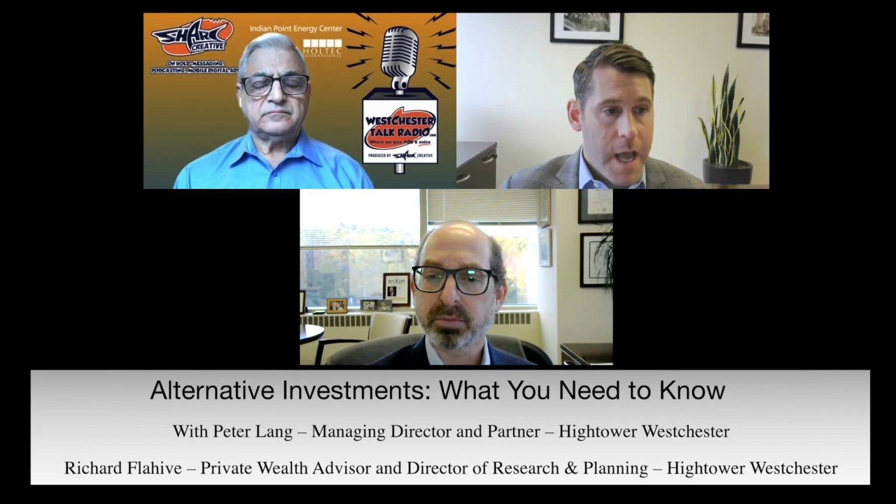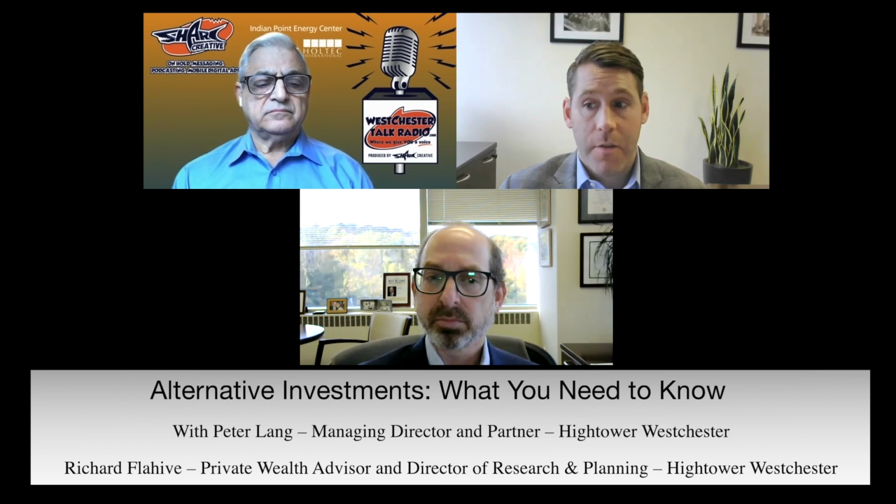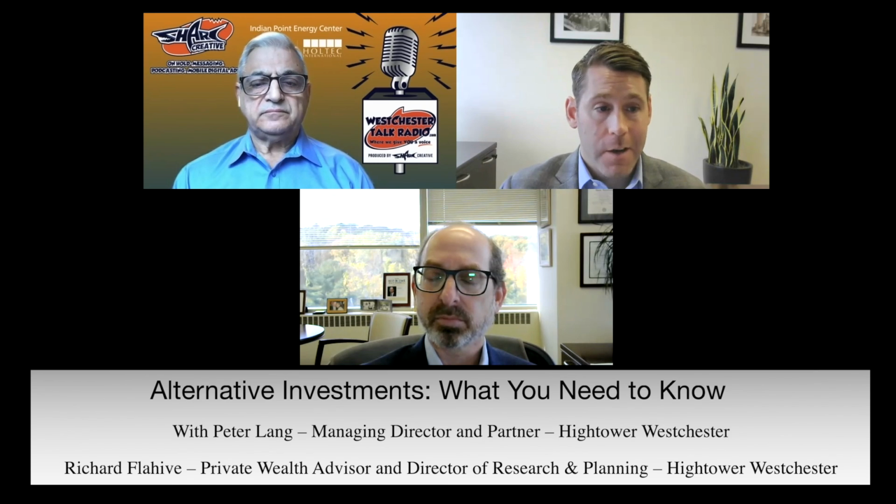Double, triple that, and that just goes to show you, like I said, private companies are staying private longer, and there are significantly more private companies than there are public companies. So as fiduciaries, when we look at the opportunity set, we're kind of obliged to take a look at these things. And more often than not, they make their way into the portfolio. And for good reason.